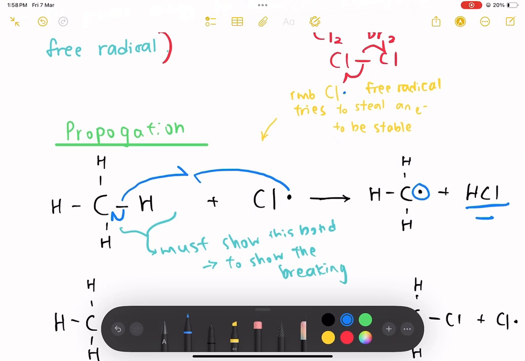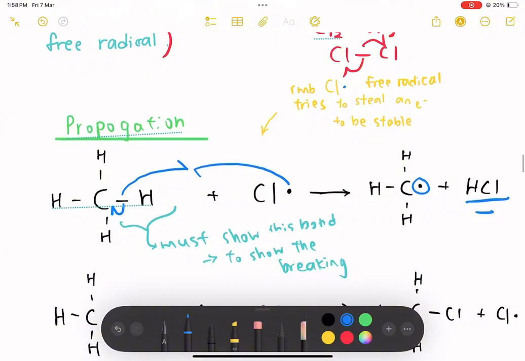So always remember that you want to form a free radical from time to time, because free radicals will keep on forming. Note that the bond must be shown to show the breaking for this one.